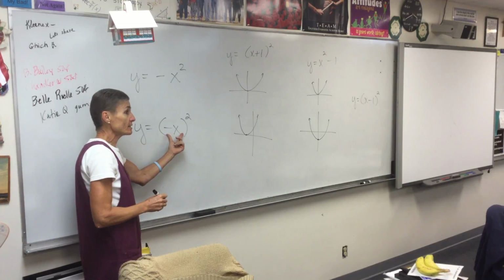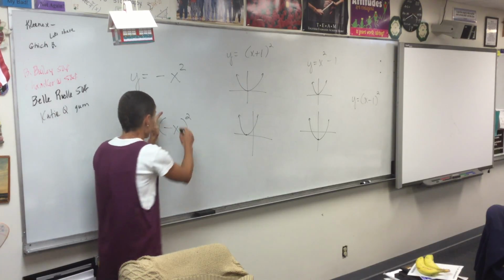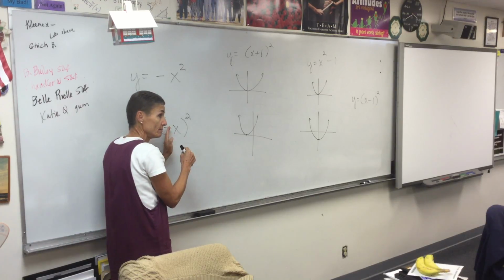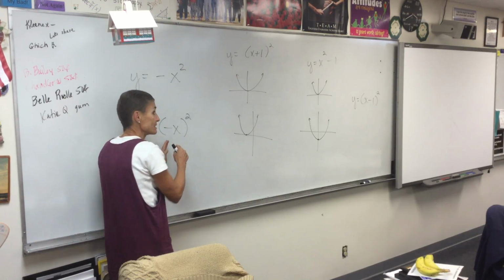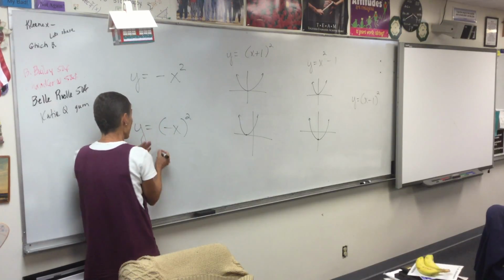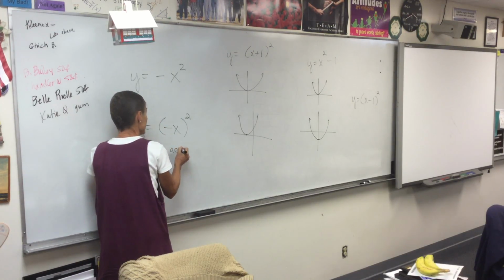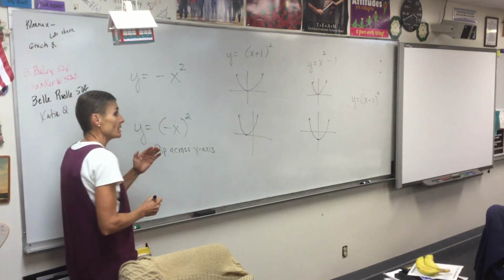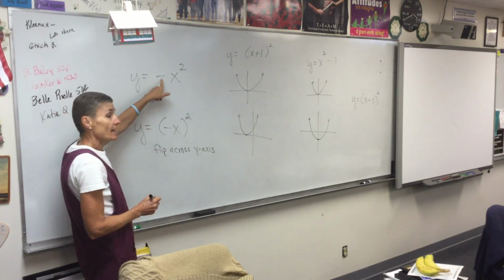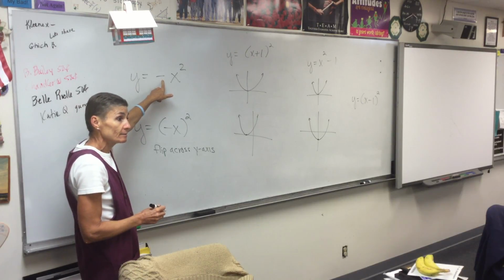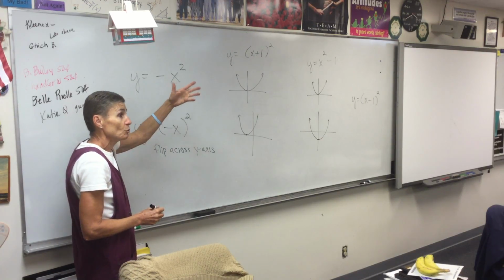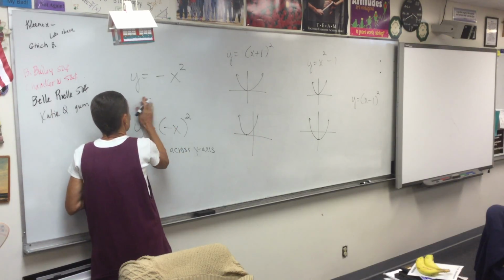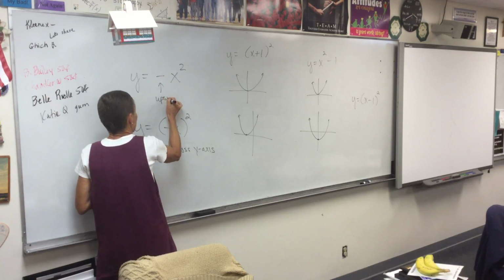If you're grouping the negative with the x, and then doing the function, that is a reflection across the y-axis. This will flip across the y-axis. If you stick the negative out in front, it flips you across the x-axis. Upside down.